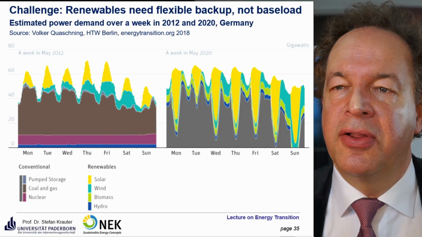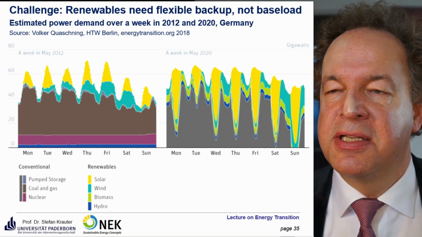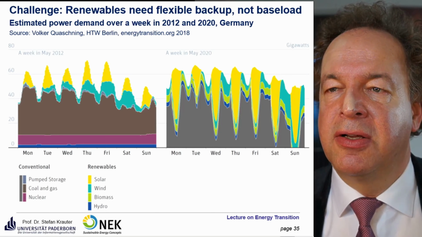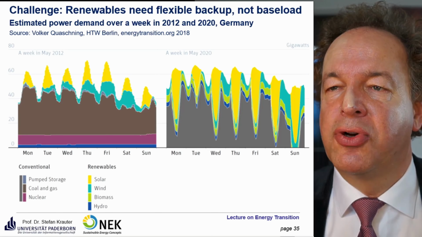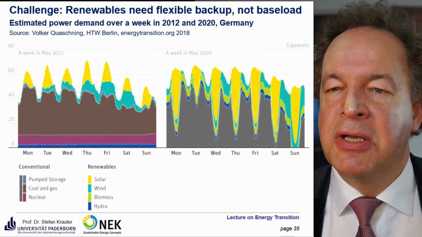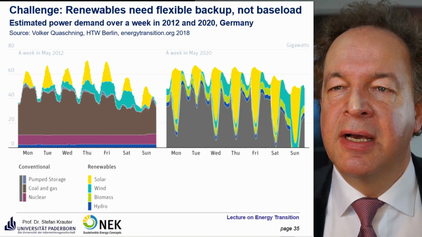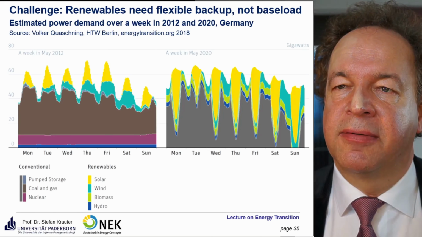And therefore, the backup power plants have to be able to digest that. This is sometimes not possible, especially for nuclear power plants. They cannot be throttled below a threshold of 40% of their maximum power. Also, lignite power plants are not very flexible. There are some efforts to improve that, but still it's a large challenge for the conventional energy industry.